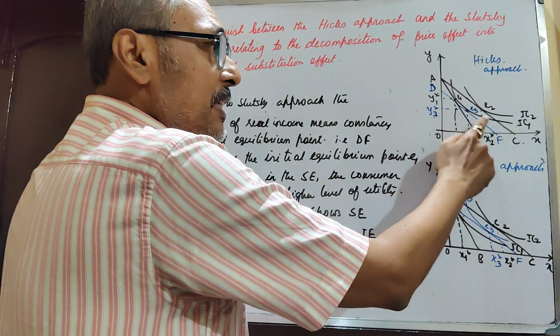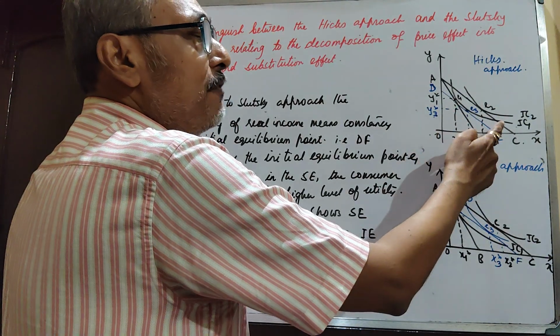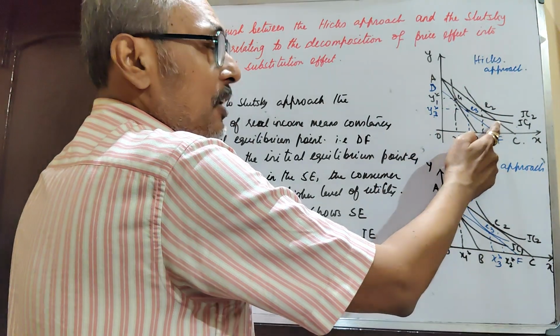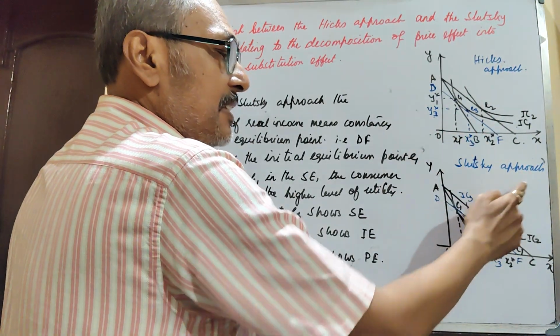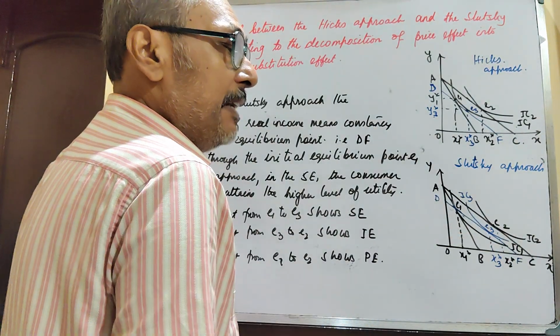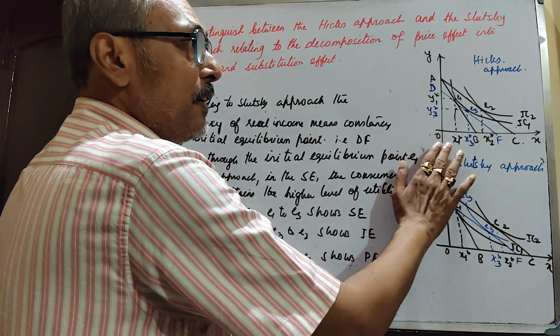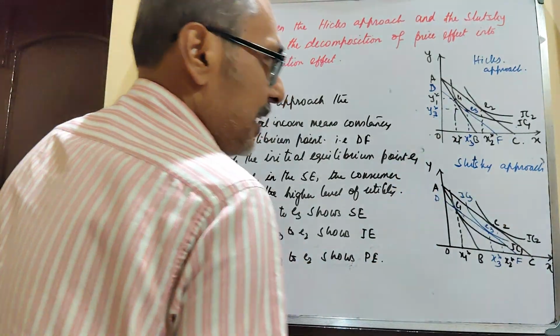In Hicks approach utility remains constant, meaning there is no upward revision of the utility level. In the Slutsky approach the consumer is able to attain a higher indifference curve in the substitution effect. This is the difference between Hicks approach and Slutsky approach.